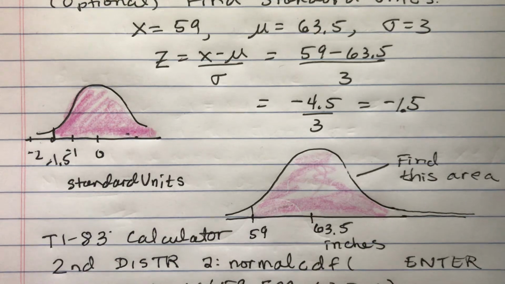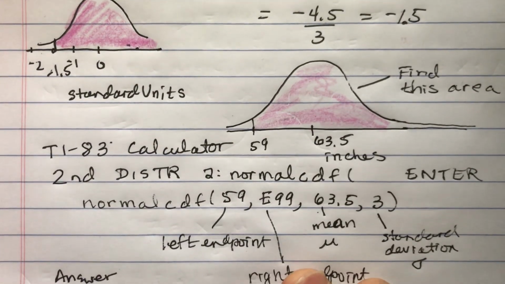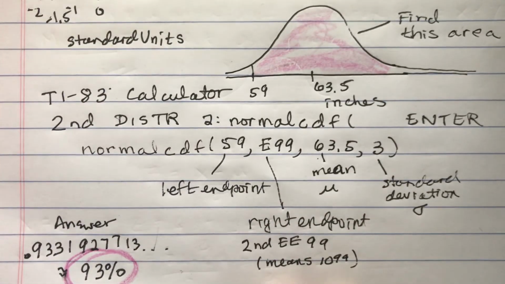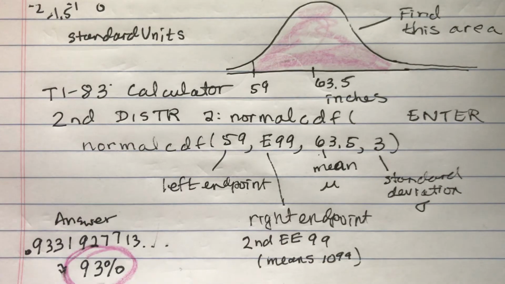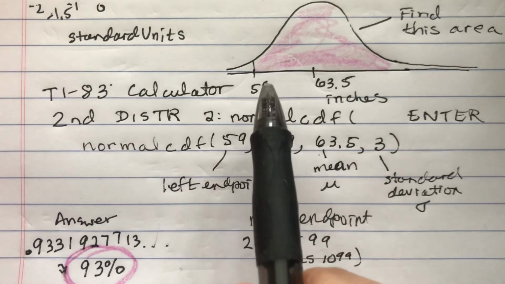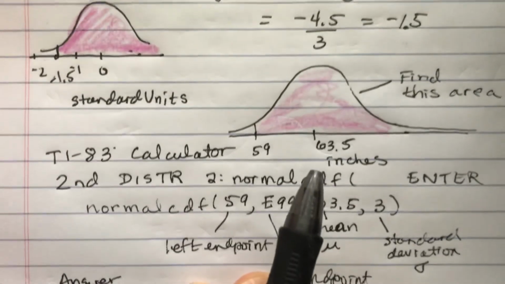Now to do this, I use the calculator. Let's put this all in the calculator and give me the answer. I don't really have a way of checking, but I don't think that number is absurd because it should be more than 50%. I could also check a little bit by thinking about the empirical rule and what I would expect.